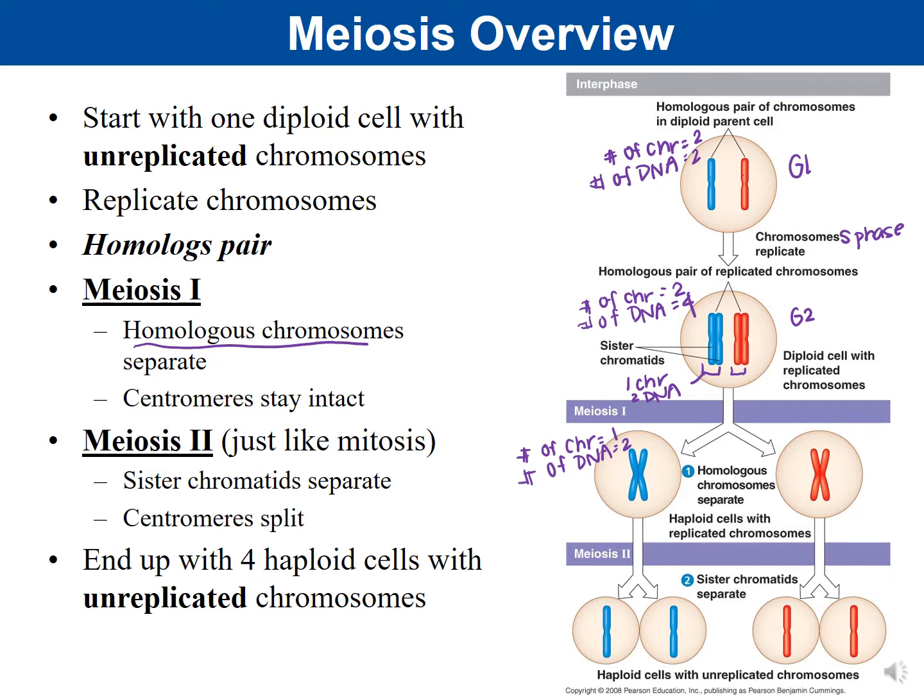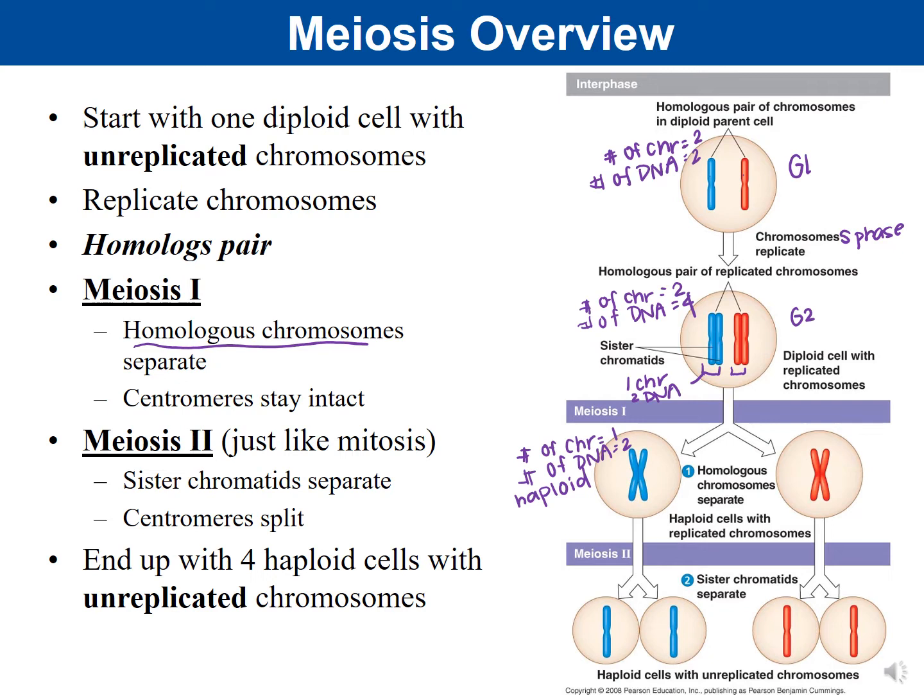If I look at the end of meiosis 1, are those cells haploid or diploid after meiosis 1? And if you look at that cell after meiosis 1, does it have its homologous pair? The answer is no, which tells us that the cell is haploid. It has reduced its chromosome number in half, right?